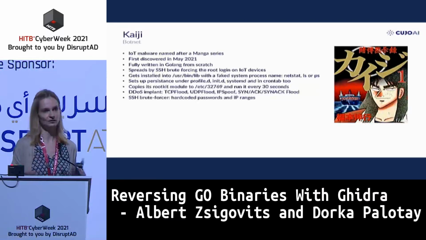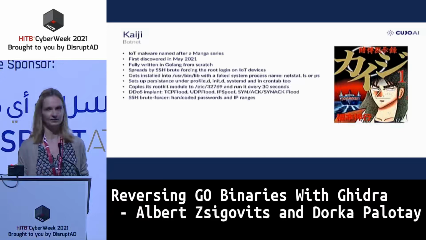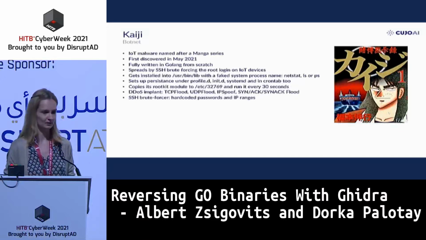Basically, it gets installed into a specific location with process names that look legit, and then maintains persistence through various solutions. Then it copies the rootkit module and runs it every 30 seconds. And obviously it will then initiate DDoS attacks.